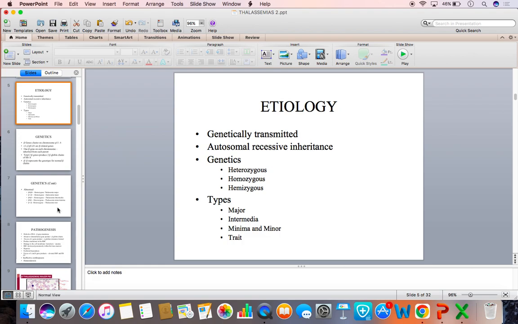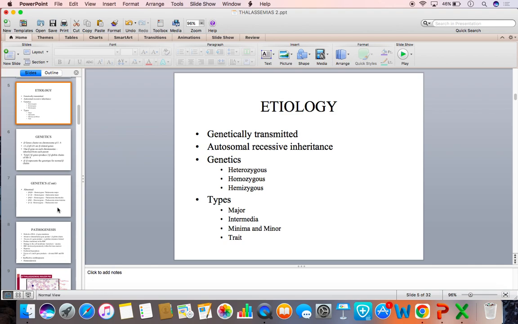Heterozygous is a carrier, homozygous manifests the disease, and compound heterozygosity is a double mutation with other hemolytic anemias like sickle cell, HbC, etc. And beta thalassemia manifests as thalassemia major, thalassemia intermedia, thalassemia minima or minor, or thalassemia trait.